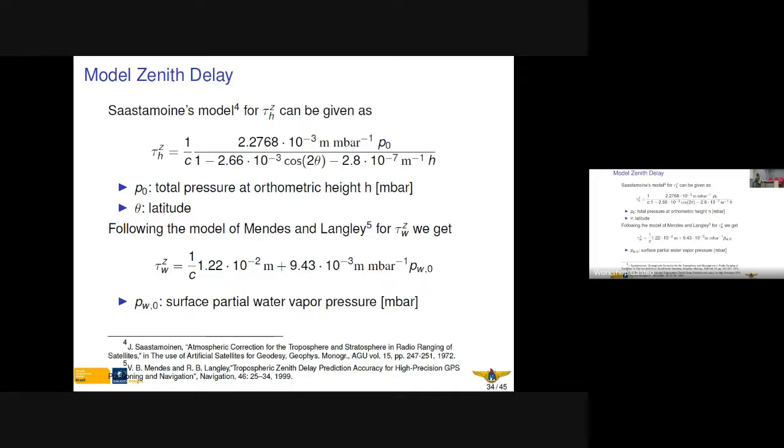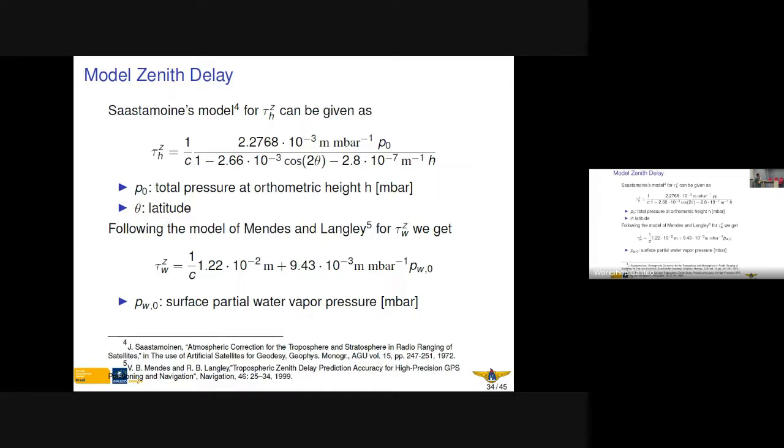And following the model of Mendes and Langley, I gave also this paper here, we can use this model for the water vapor delay, where PW0 is the surface partial water vapor pressure.